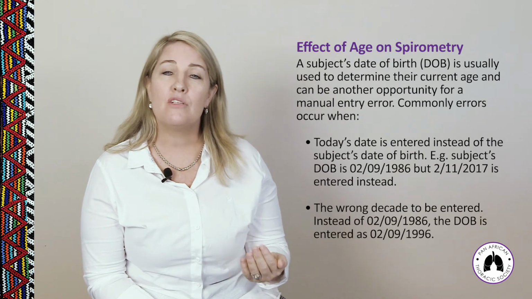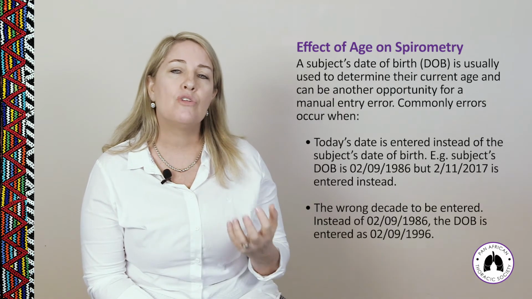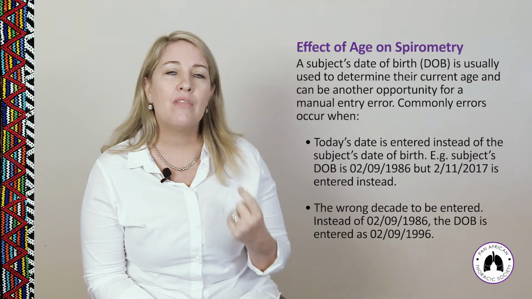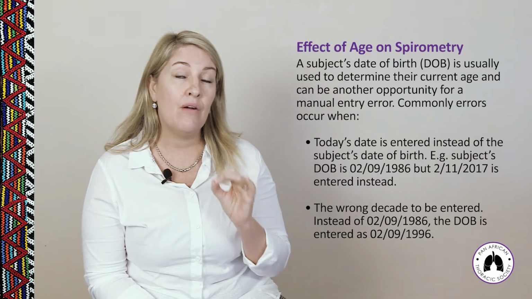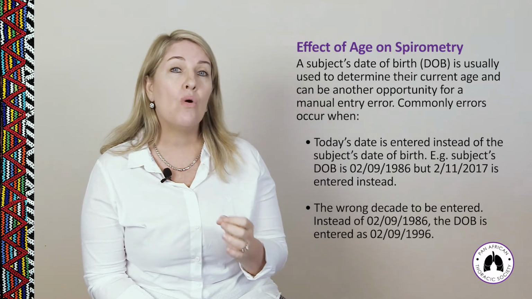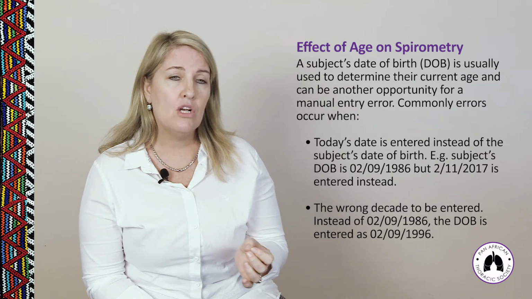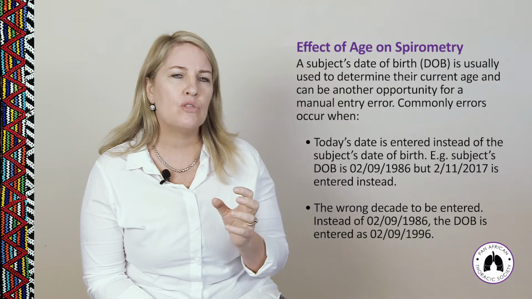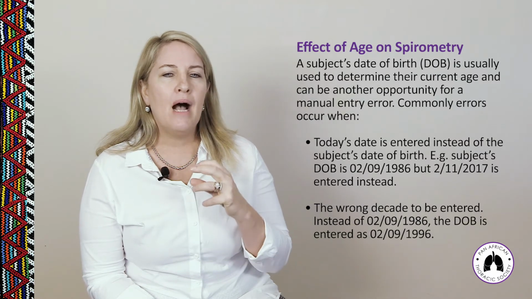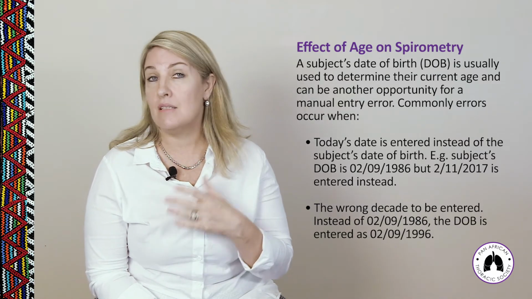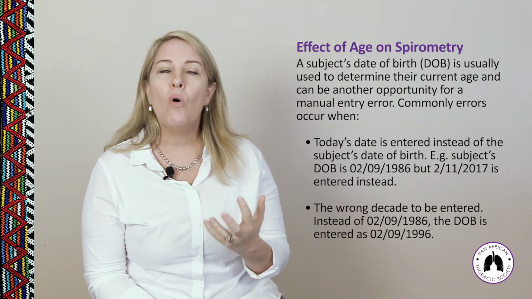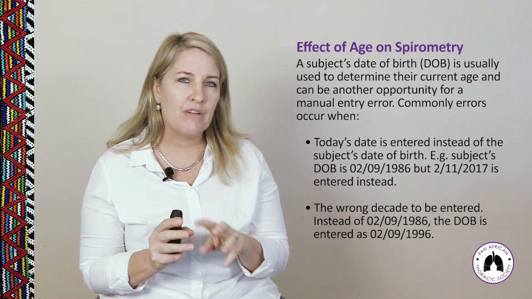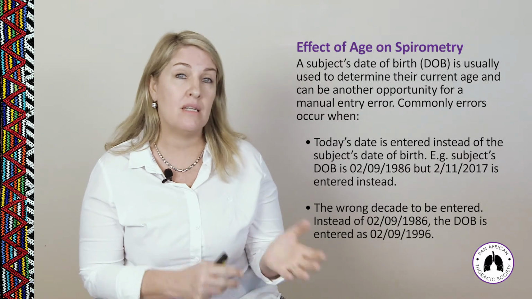A subject's date of birth is usually used to determine their current age, and this, of course, is another opportunity for a manual entry error by the technician when conducting the spirometry. So commonly the error occurs when maybe today's date is entered instead of the subject's date of birth. Or there can be a little bit of finger trouble and the decade may be entered incorrectly.